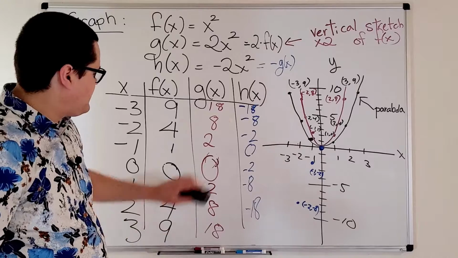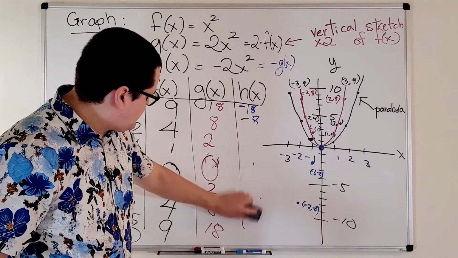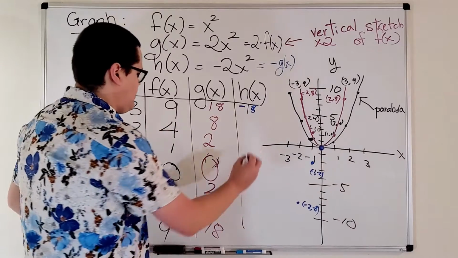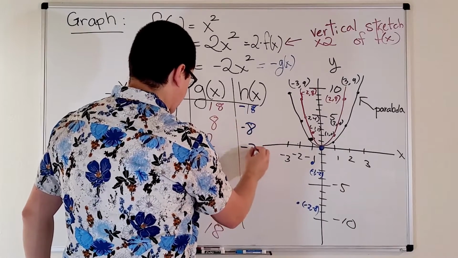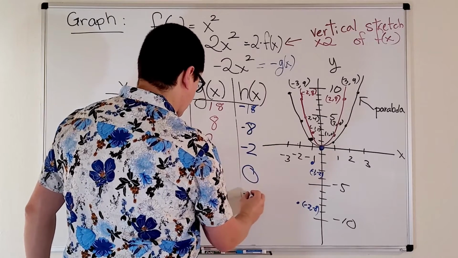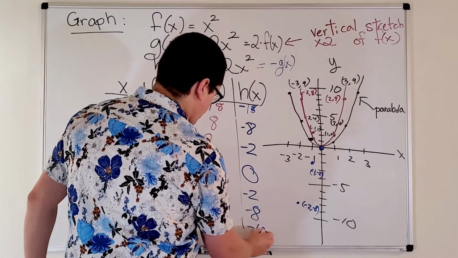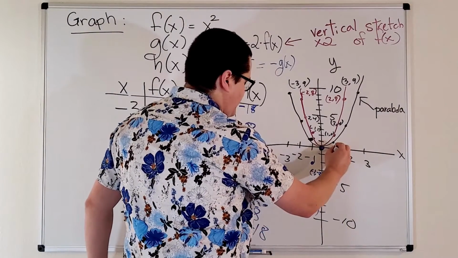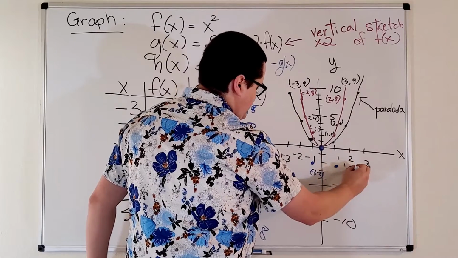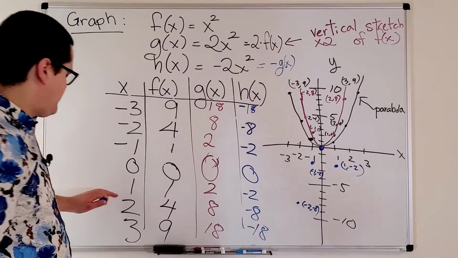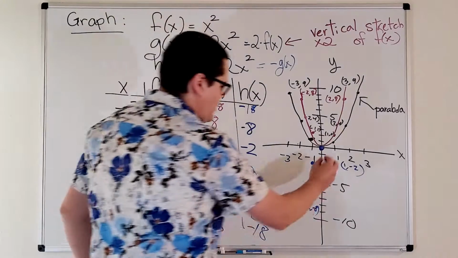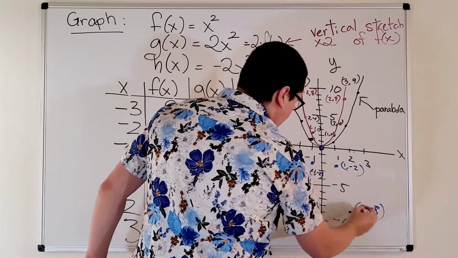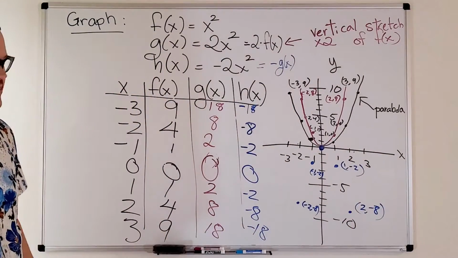So again, these are all out of alignment. That's my fault. Rewrite this, so this was -8. Anyway, 1, -2. That's right 1, down 2. 2, -8. That's right 2, down 8. And 3, -18. That's off the charts again.